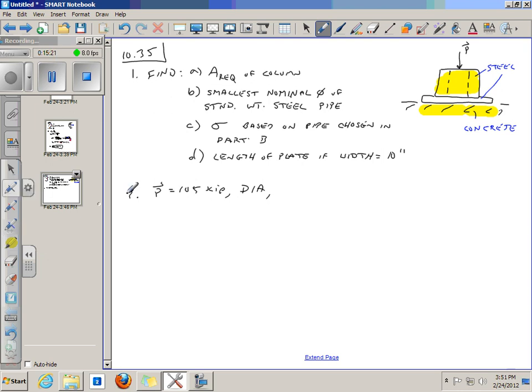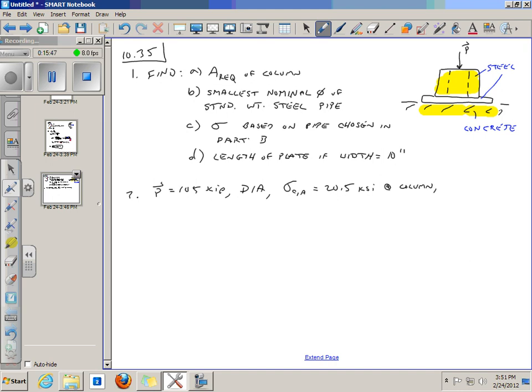Okay, so step 2, my diagram is there. All right, we know that P is 105 kips. Now, they told us that the allowable stress in the steel column, compressive, is 20.5 ksi for the column.